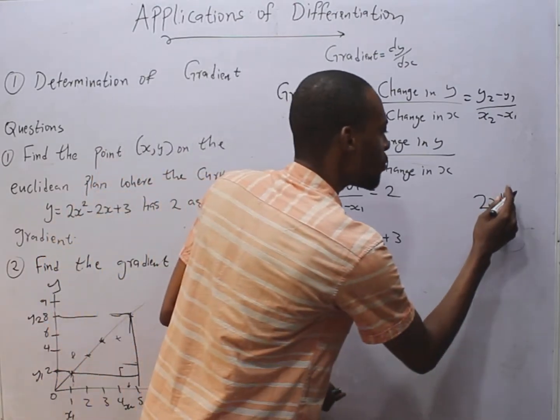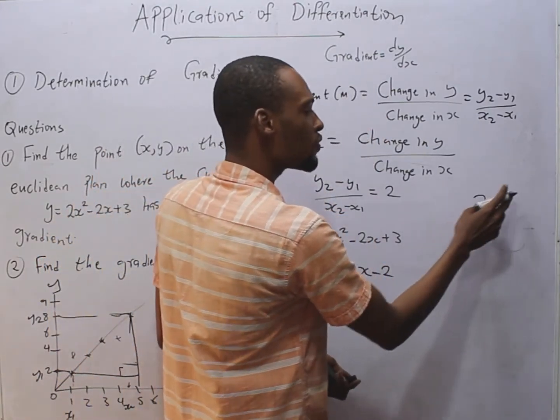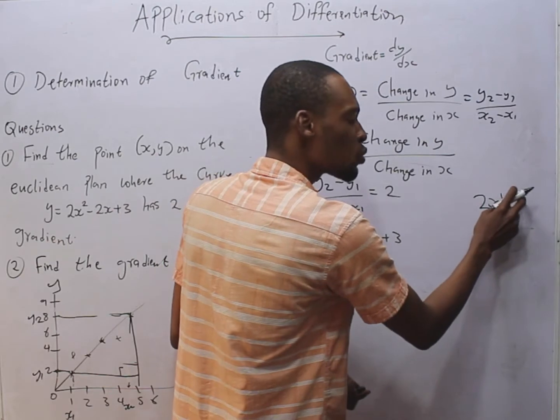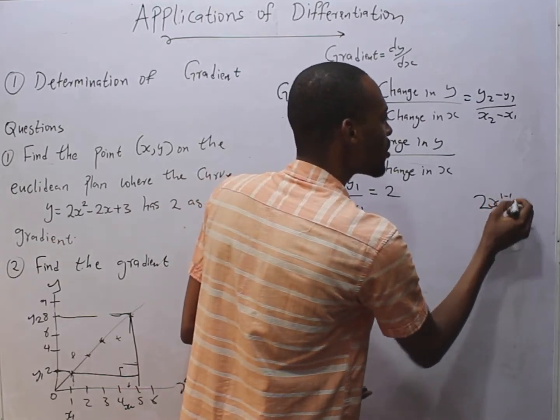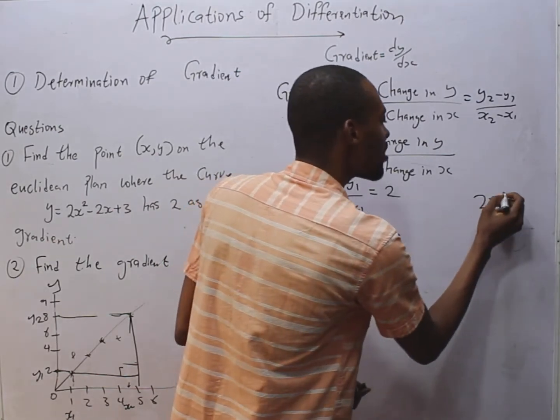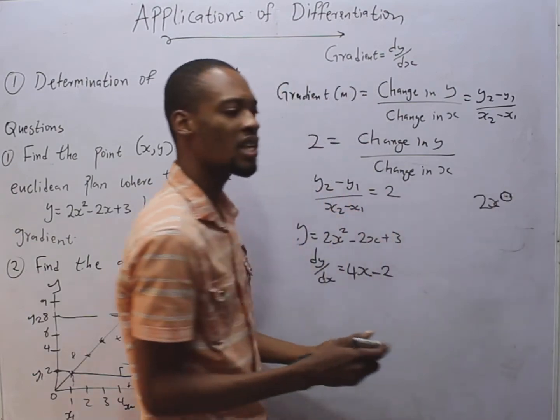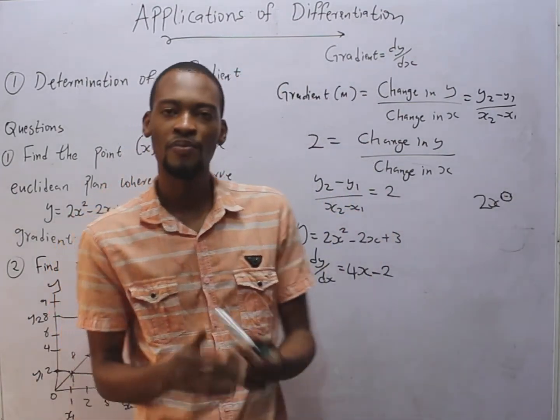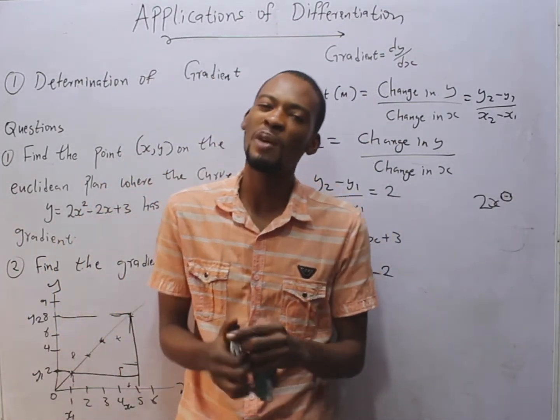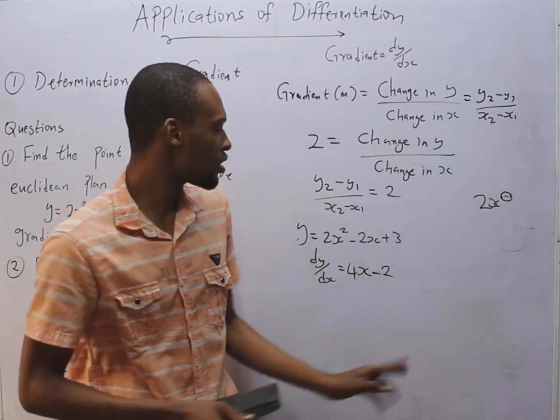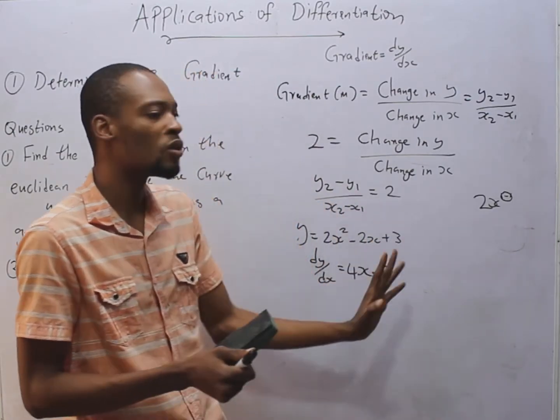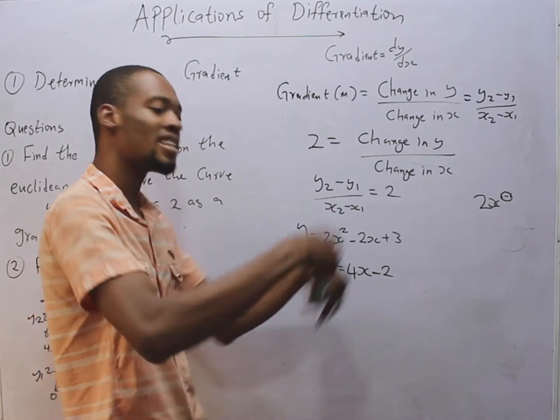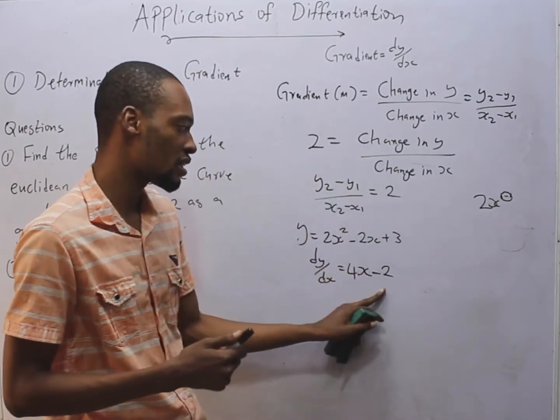Then multiply 1 by 2 to give you 2 times 1, 2. Subtract 1 from the power. 1 minus 1 is 0. S raised to the power of 0 is 1. In fact, in mathematics, any meaningful number raised to the power of 0 will give you 1. So this is why when you differentiate any value or any number with s, the s goes, the number remains.